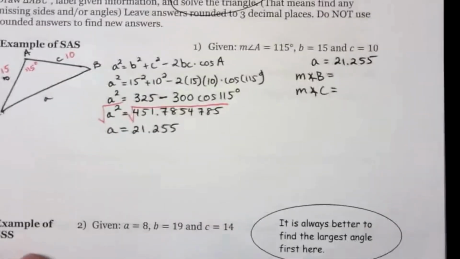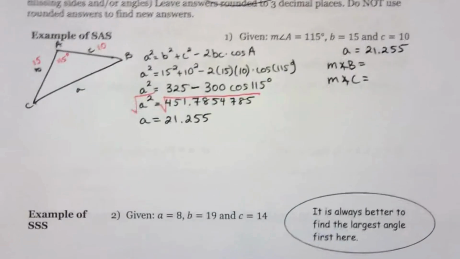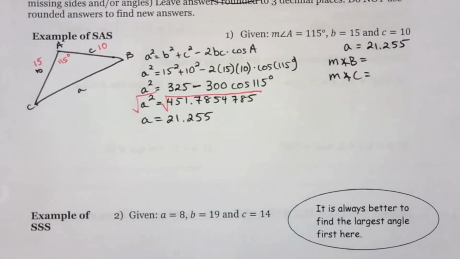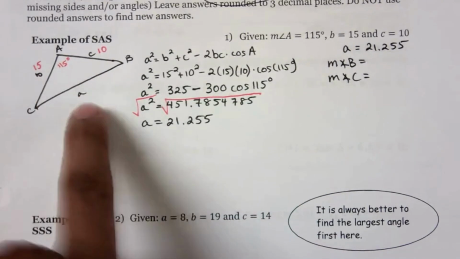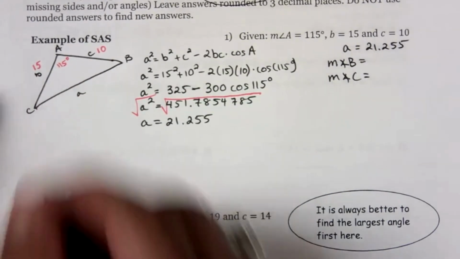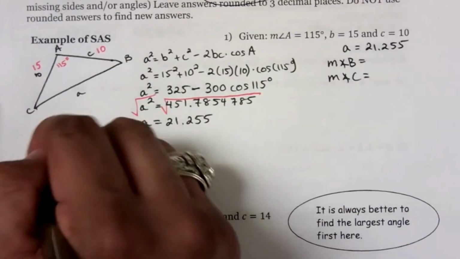So now that I have figured out the side length of A, I need to figure out what the angles B and C are. And you could use law of cosines again to do that. Or since we now have both an angle A and a side length A, I can use law of sines. So I'm going to do sine of 115 over that number.